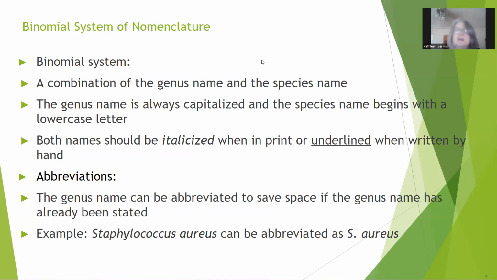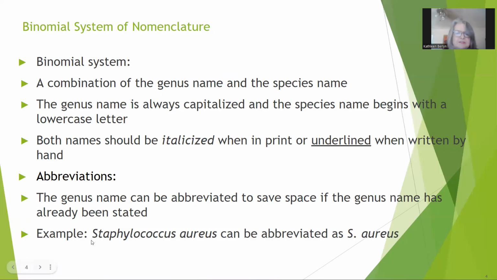So we have this binomial system that we use for naming microorganisms. And this is true not just for microbiology, but you will always see things in microbiology named that way. So, for example, you might have already heard of Staphylococcus aureus, and notice how it's written here. It's written italicized. If you were handwriting this, you would underline it.